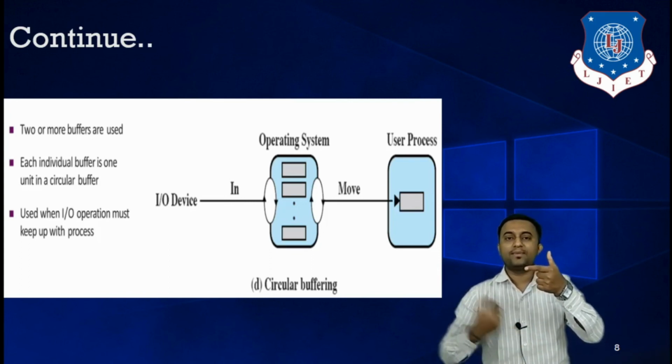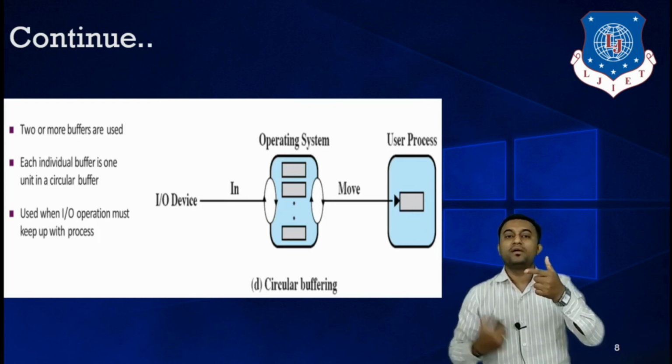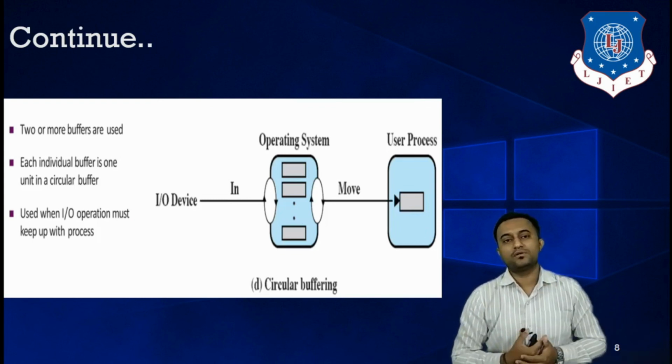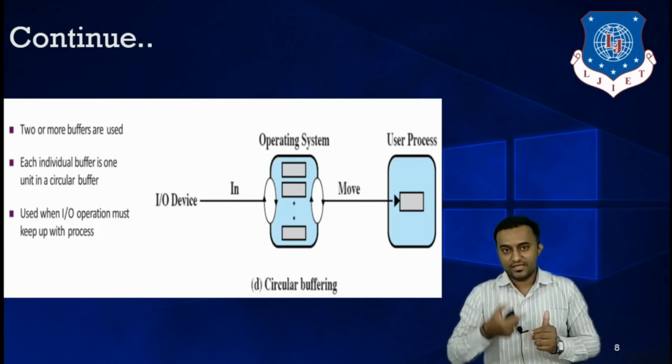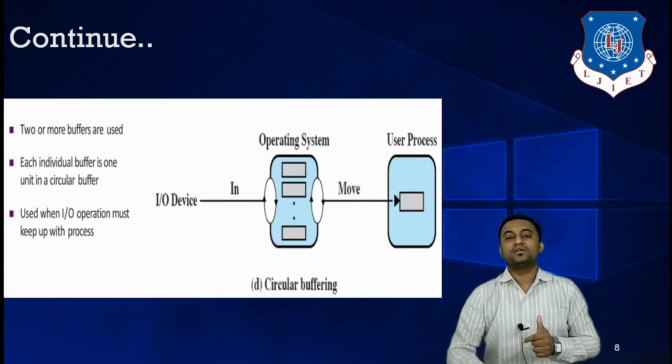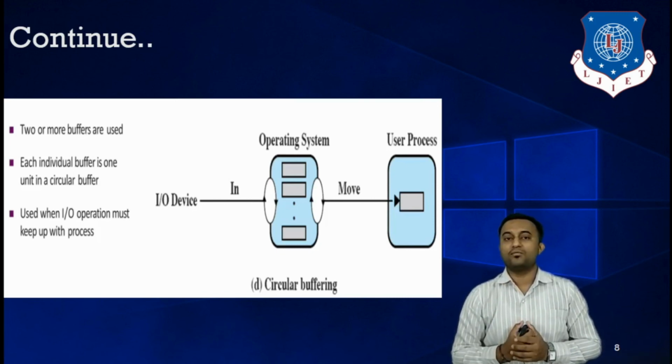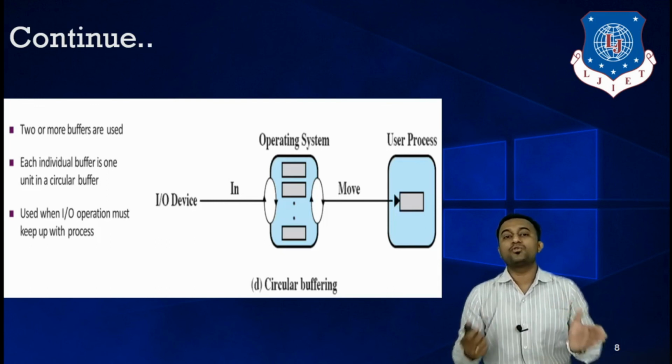From the nth place the move operation can be performed, and at the first place the insertion operation can be performed. In this way, in circular fashion, these data transfer operations can be performed, or we can say input output requests would be satisfied.